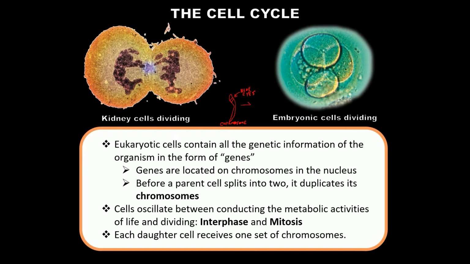Now, the cell cycle describes an oscillation between these two states of being that I just mentioned, interphase and mitosis. So it goes through the metabolic activities of life and suddenly switches gears entirely to going 100% into cell division. When a cell is getting ready to divide, everything in the cell has to be shifted over into cell division mode.